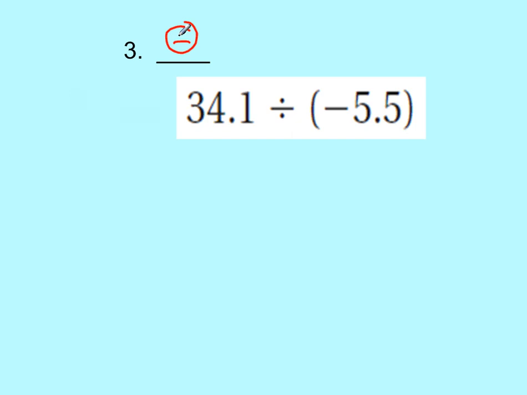Okay? What we can do is get rid of our decimals. So you can move this decimal one place to the right and this one place to the right. Essentially we're going to be multiplying both the dividend and divisor by 10. Since we're doing both by 10, it keeps everything balanced.